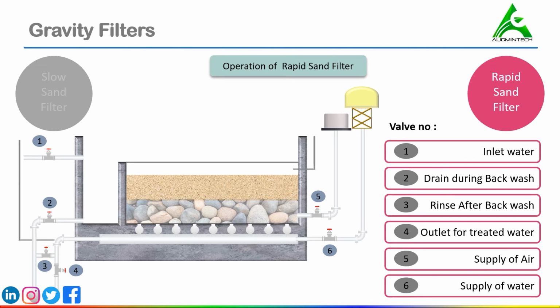So for the operation of the sand filter, first of all, we need to close the valve number 2, 3, 5 and 6. After that, we'll open the valve number 1 and 4. From valve number 1, water gets into the filter coming from the sedimentation tank and moves to the inlet chamber.